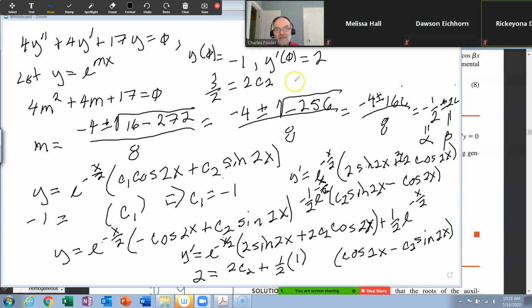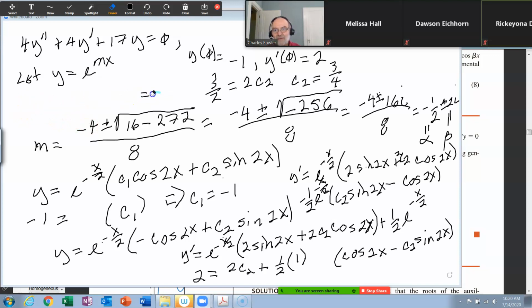Then divide by 2 and you get C2 equal to 3/4. So it does work out. Now the only problem is we have absolutely no place to write our answer, so I'm going to have to do some erasing here. There we have it. All right, let's erase all this. We don't need it anymore.